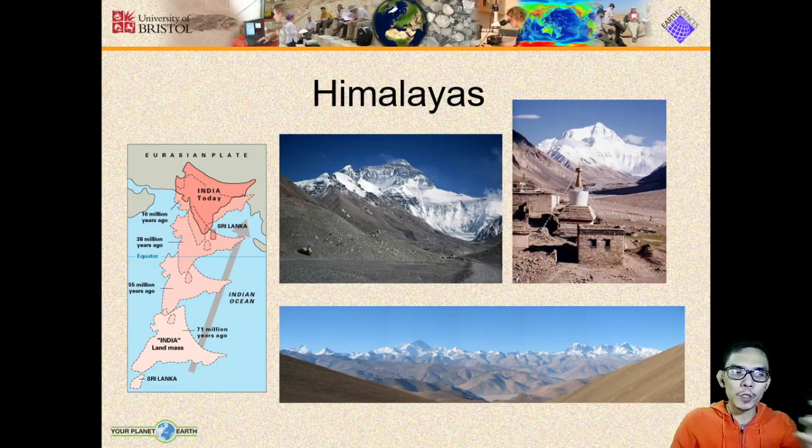As we speak right now, India is continually pushing into the Eurasian plate. They are continually colliding, thus making this mountain range go up higher. So that is the continent-to-continent collision.